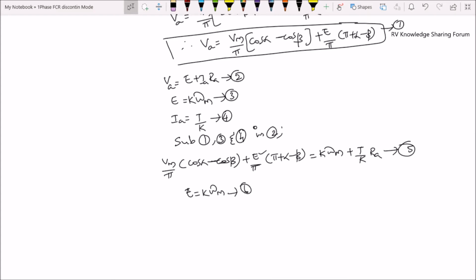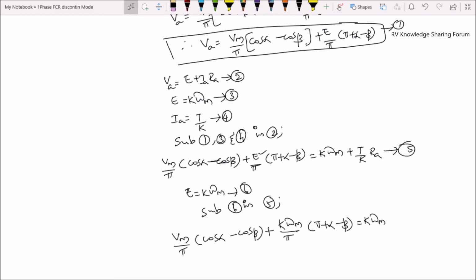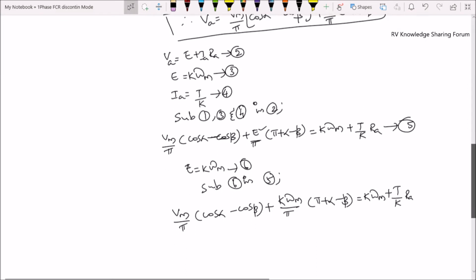So substitute 6 in 5, what we will get is Vm by pi into (cos alpha minus cos beta) plus, instead of E you have to substitute K omega m by pi into (pi plus alpha minus beta), which is equal to K into omega m plus T by K RA. Here our objective is to find the relation between the speed and torque. That means we are going to find the expression for the speed.